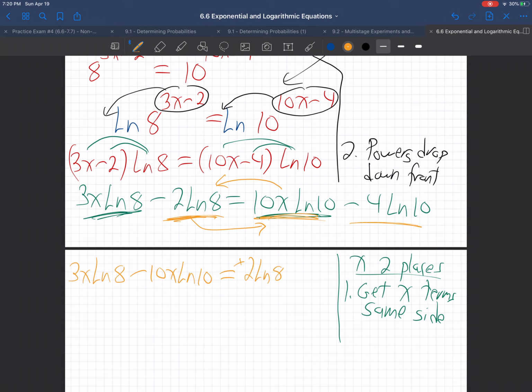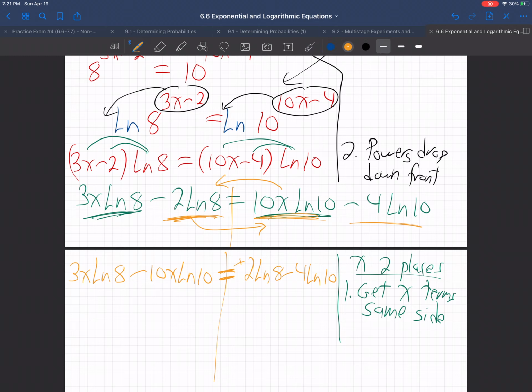And this one is still there, minus 4 ln 10. See what happened there? Here's the equal sign, that's the wall of separation right there. So now both the x terms are on the same side, and the other side has no x's. So that's step 1.